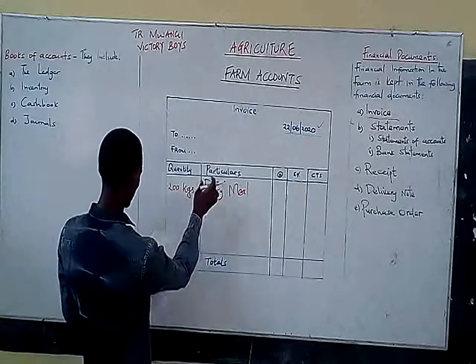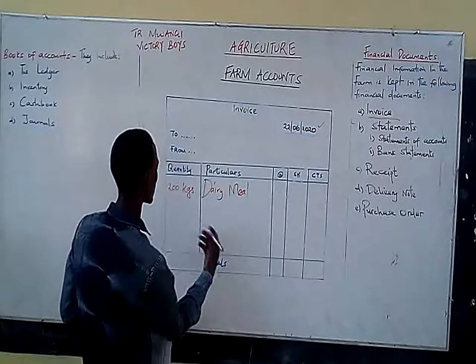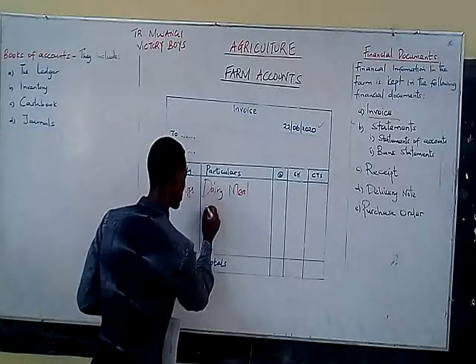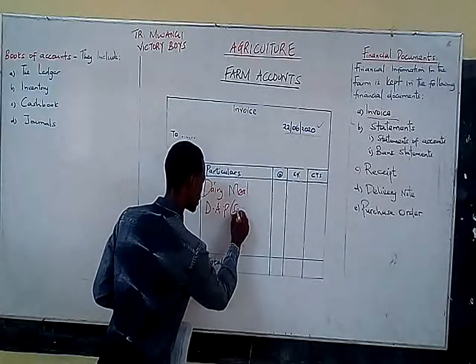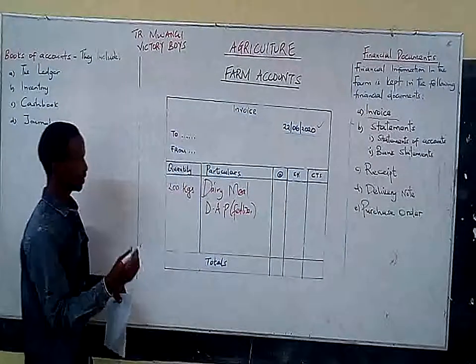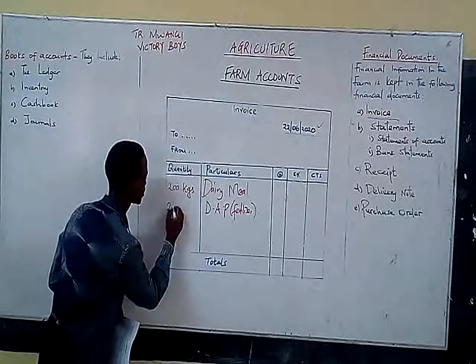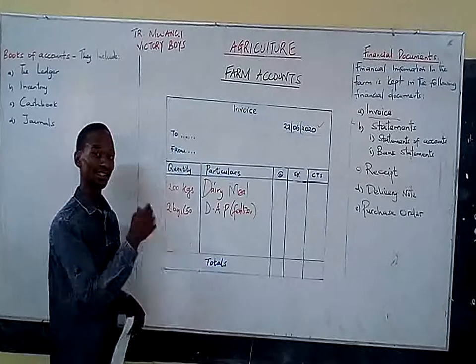Then still under particulars, types of goods which are bought, we can have something else, like the farmer also bought diammonium phosphate fertilizer. Maybe he bought 2 bags, 50 kgs each.